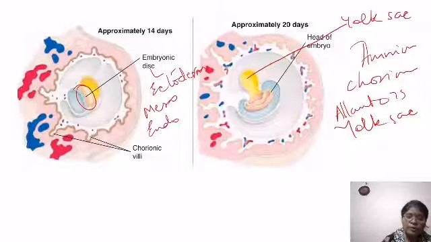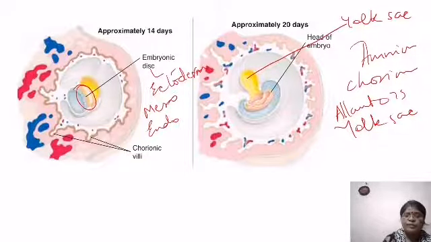At 20 days you can see the embryo has grown quite a lot, and the formation of the head has also started. Now this yolk sac, in other organisms like birds and reptiles, has a role as it is laden with food and nutrients, but in mammals it doesn't have this role and is quite diminished.